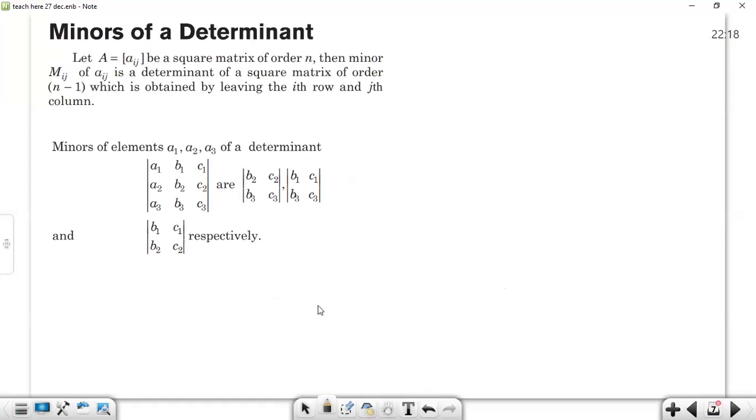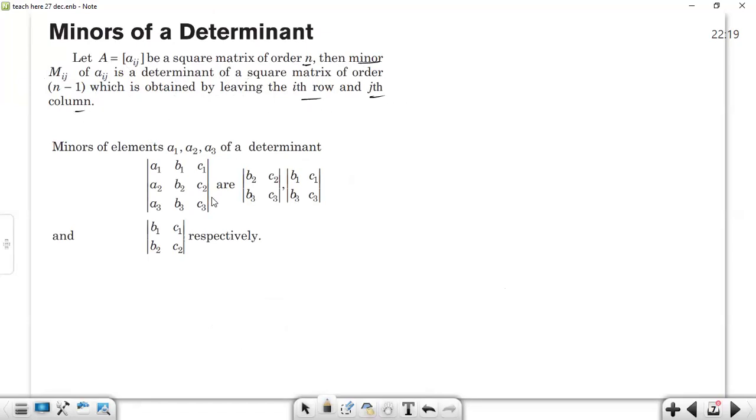Let's now discuss a topic which we have already discussed. Let's say Aij is a square matrix of order n, then the minor Mij, this is the symbol of the minor for any particular element, is the determinant of a square matrix of order n minus 1, which is obtained by leaving the ith row and the jth column.